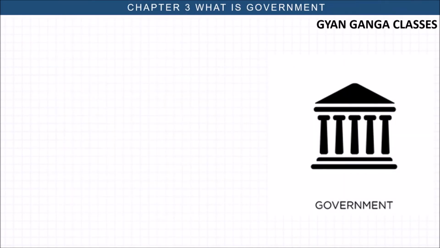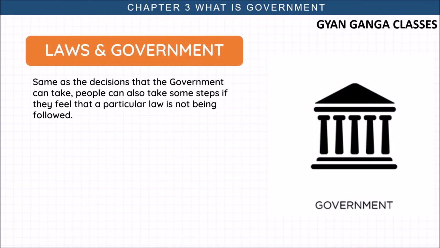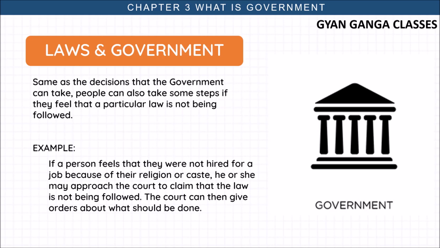And in the same way, if you find that people are not following a particular law or anything that is given by the government, then you can also take steps and go to the government to ask them to attend to that situation.